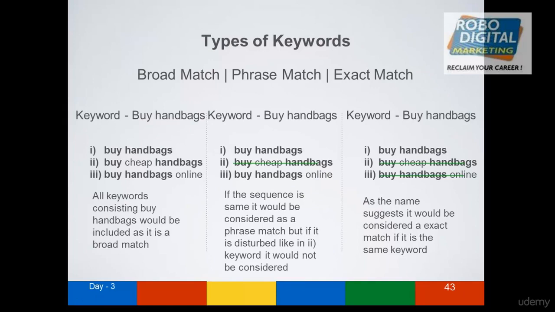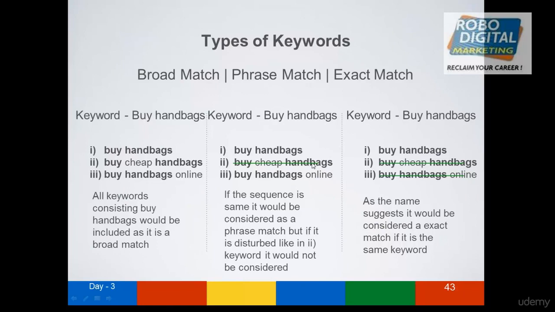But in the case of phrase match, the phrase is buy handbags. If these words come together, then only my ad will be shown, otherwise it will not. In the first case, buy handbags, it will be visible. In the third case, buy handbags online, it will be visible. But if anything comes in between these two words, like buy cheap handbags, my ad won't be shown.